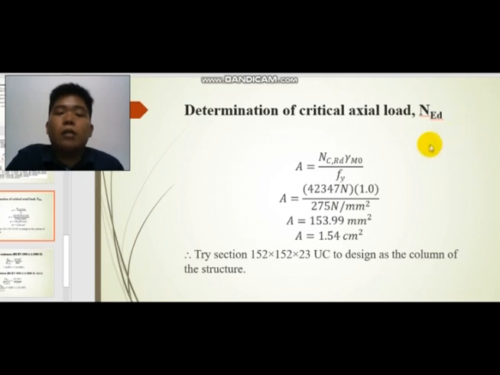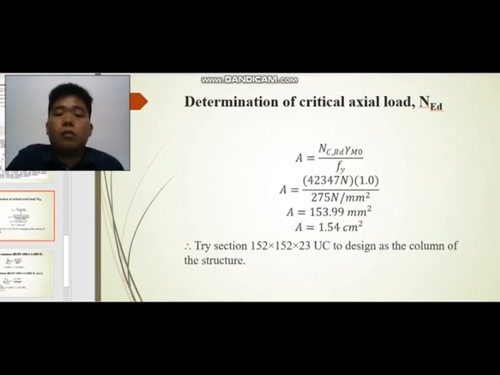This is the area we calculated using the NEd, so we get area equals to 1.54 centimeters square. So we'll try the section 152 times 152 times 23 UC to design as the column of the structure.